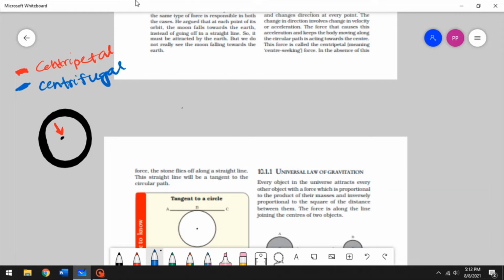So if we have 3 arms of the centrifuge and there were 3 test tubes, a test tube attached to each arm, because of the fast rotation of this centrifuge, we saw that the heavier particles tended to get accumulated near the bottom of the test tube, right?